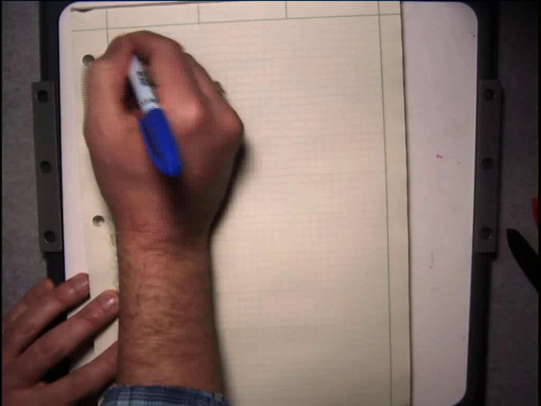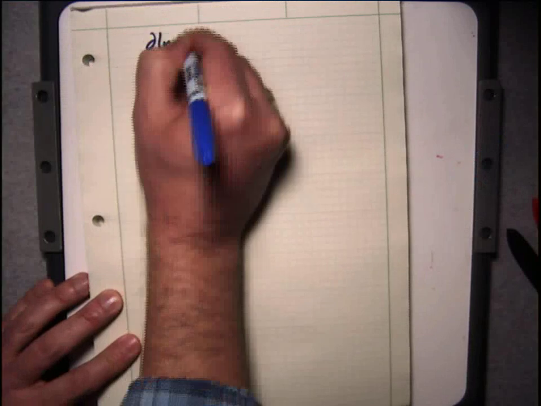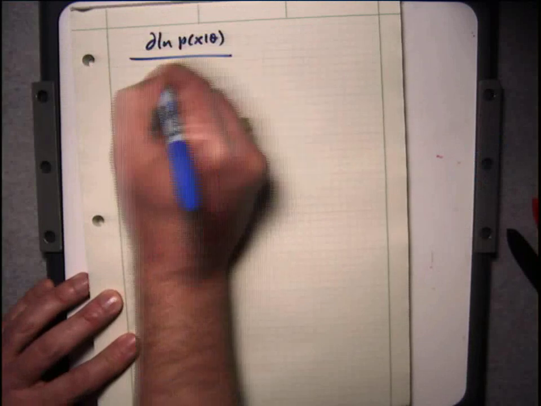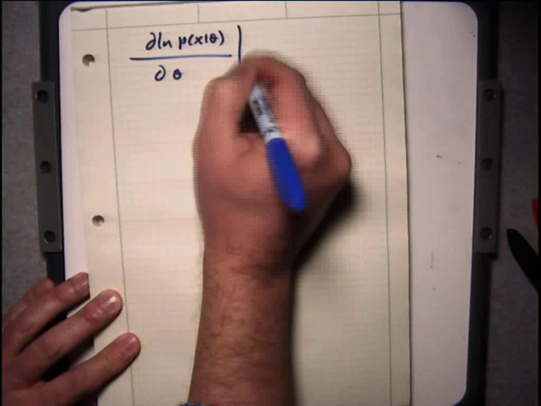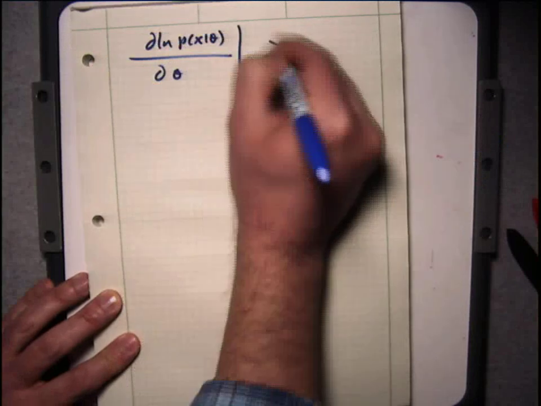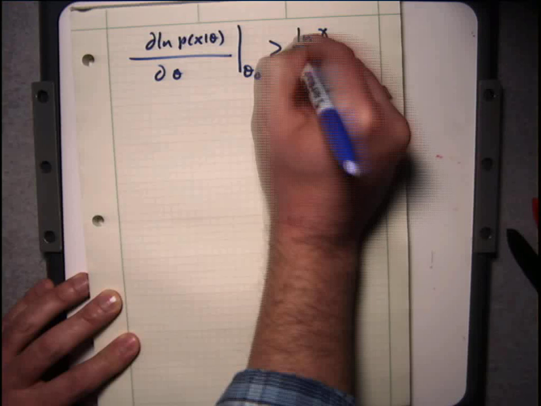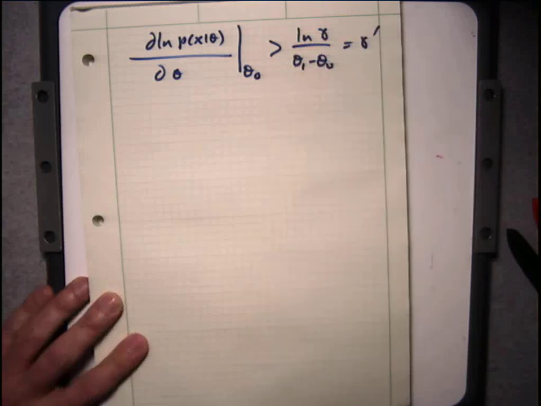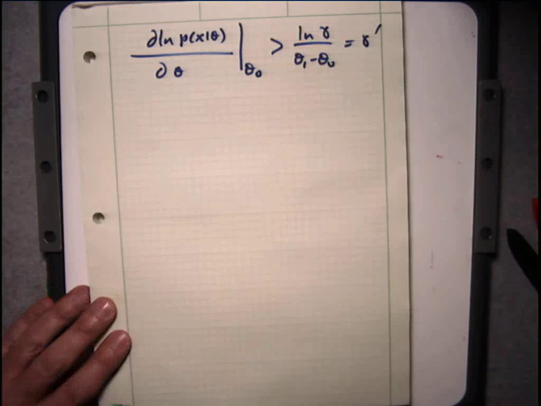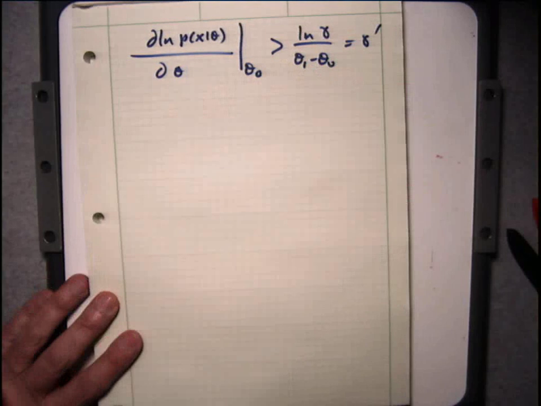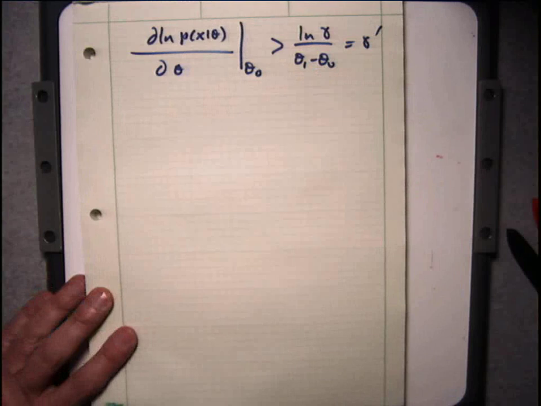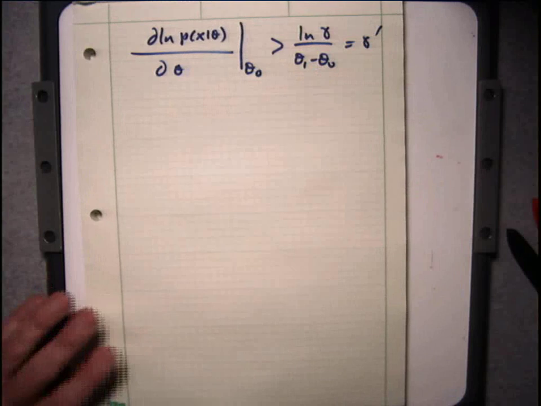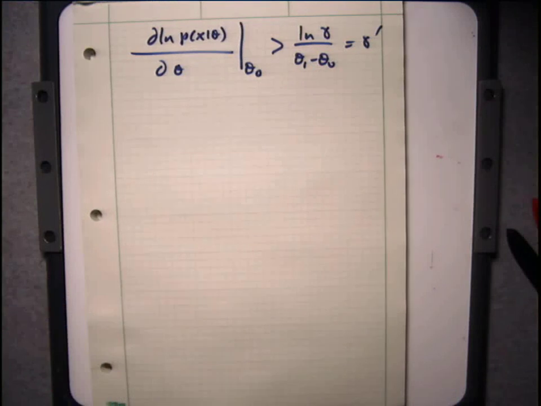So with the positivity assumption, I get the derivative of log p of x given theta, evaluated at theta 0, compared to log of gamma divided by theta 1 minus theta 0, and you can call this the threshold. Okay. So this is basically a locally optimal test now for all values of theta 0 and theta 1 that are close to each other.